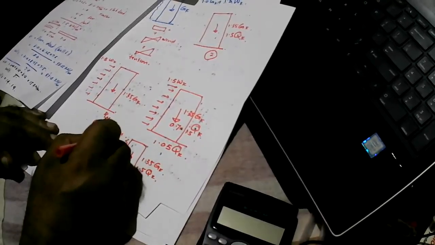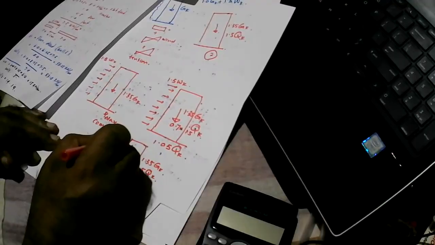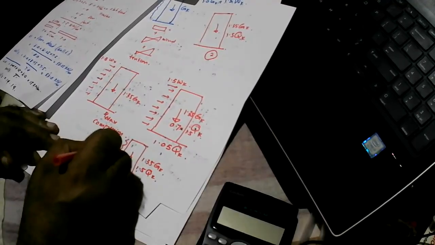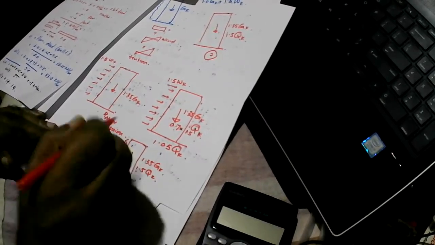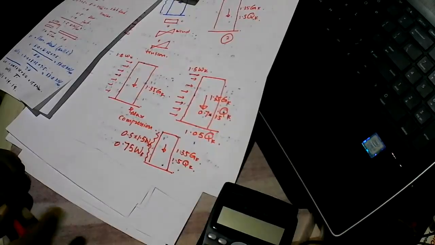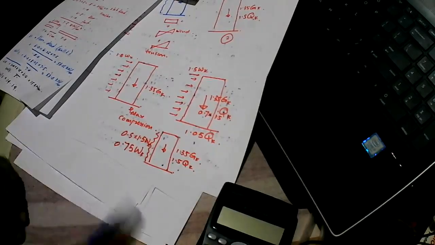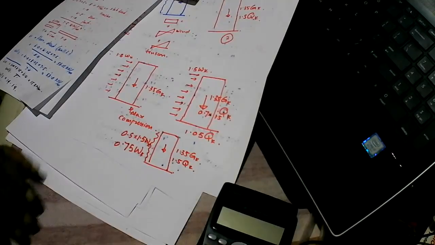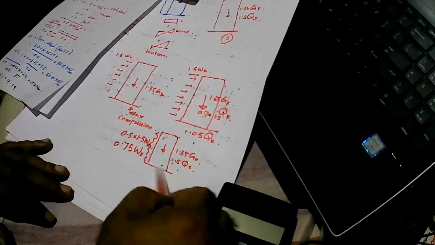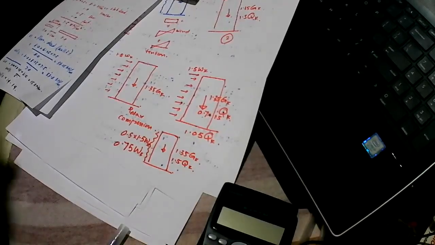Wind is 0.5 times 1.5 Wk, which gives 0.75 Wk. Is that clear? So these are the load combinations that we have to consider. And what do you get in this one? This one also you get maximum compression here. Here also you will get maximum compression. Is that clear?